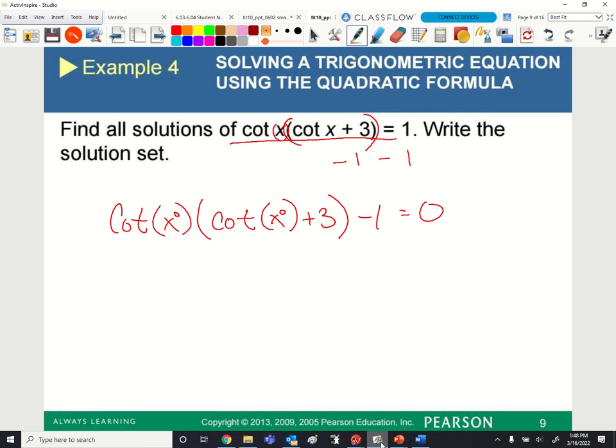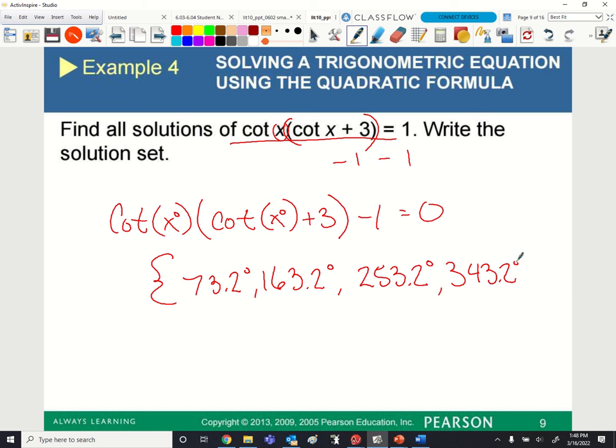Let's write them out. So my solution set: 73.2, 163.2, my last one, 343.2.